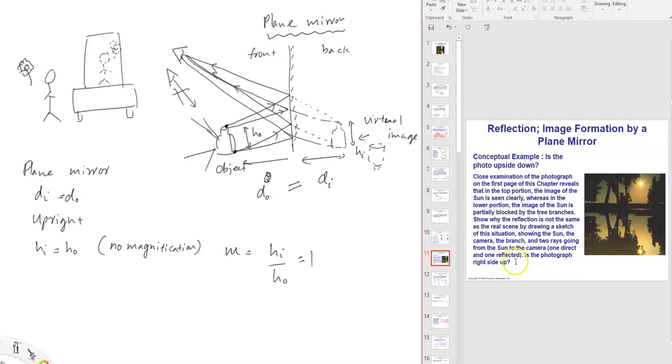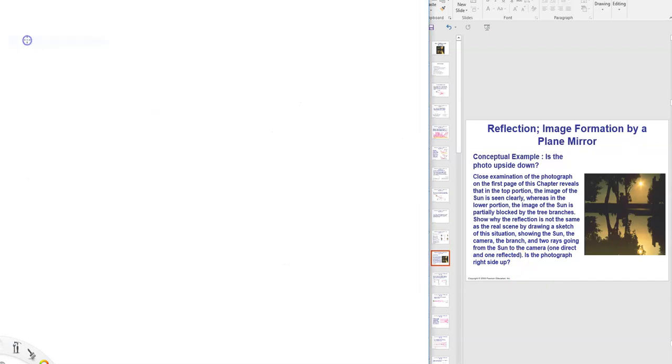Okay, so we are moving on to a new topic. What we just discussed was reflection from plane mirrors. Pretty simple. You have a mirror, and light comes in. If it comes perpendicular, it's going to reflect along the same path, perpendicular, right?